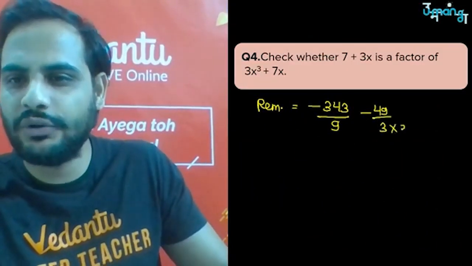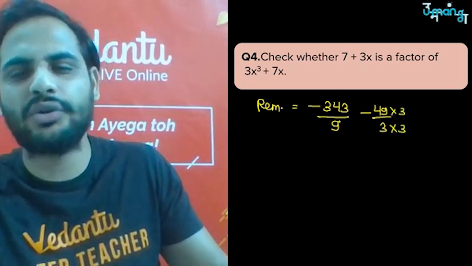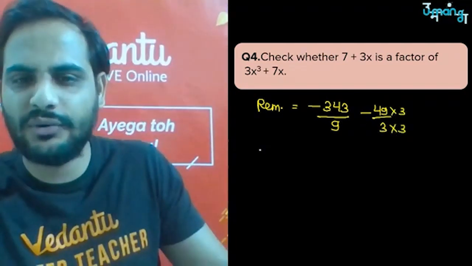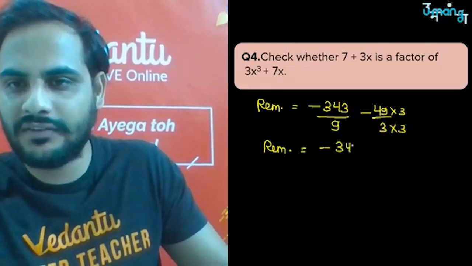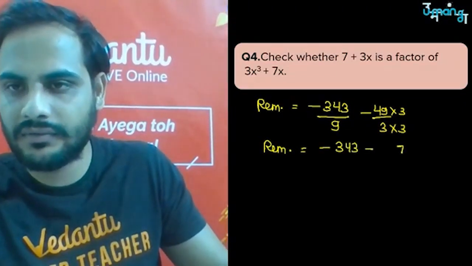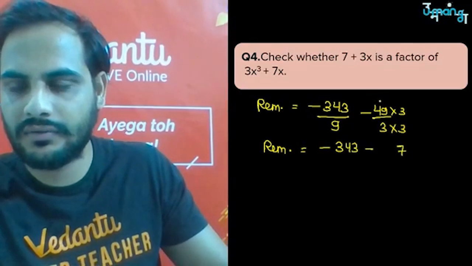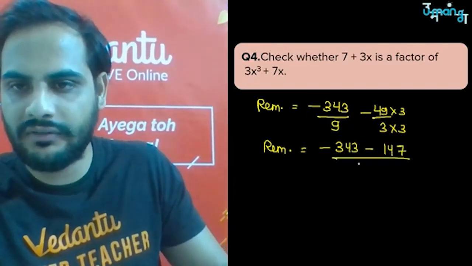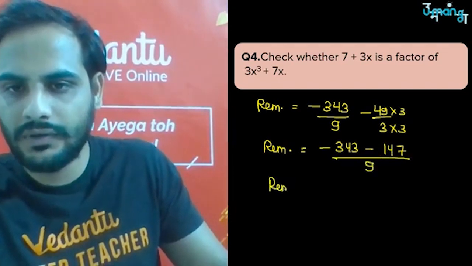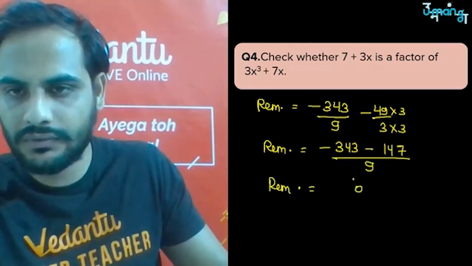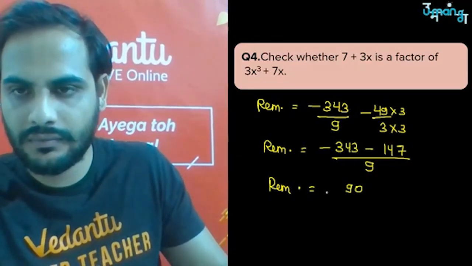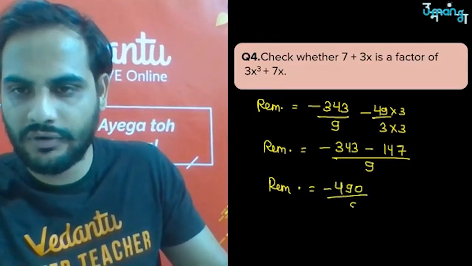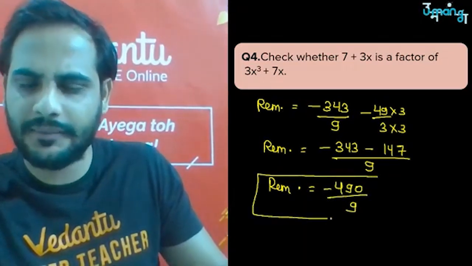So even if you do the LCM, I can clearly see both the numbers are negative. So there is no chance that the remainder will be equal to 0. Okay. So minus 343 minus 147 divided by 9. So remainder is equal to minus 490 upon 9, something like that.